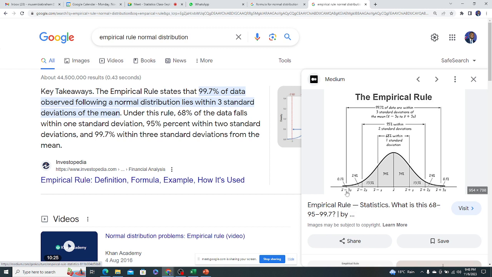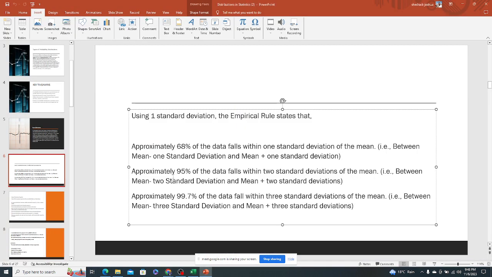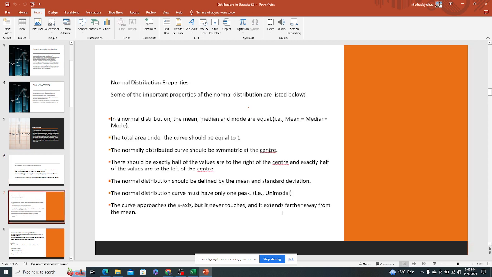And if we use the data between here and here, it will be 99.7%, meaning the 0.3% is along the tails. Okay, good. So this was just a summary of what the empirical rule states.